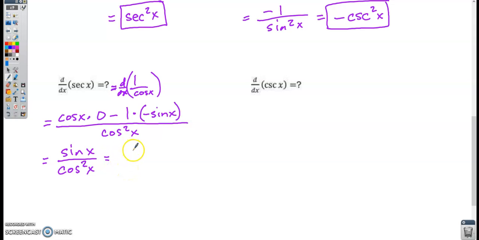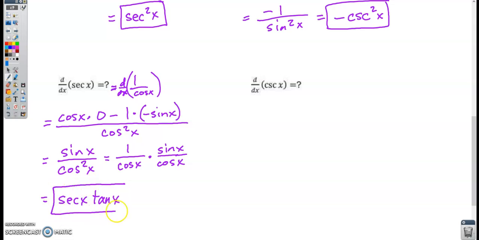Sine of x over cosine squared of x is equivalent to 1 over cosine of x times sine over cosine of x, and 1 over cosine is the secant of x, and sine over cosine is the tangent of x. And there you go. The derivative of the secant of x is secant of x tangent of x.